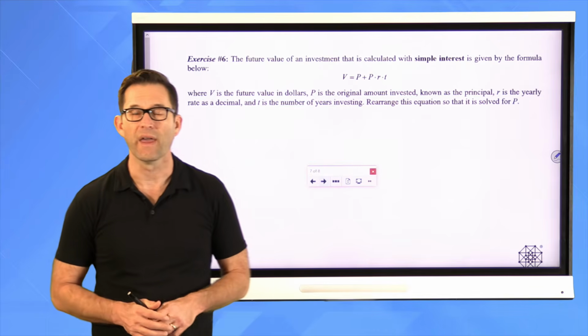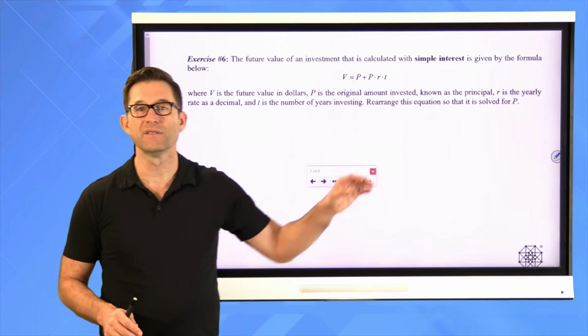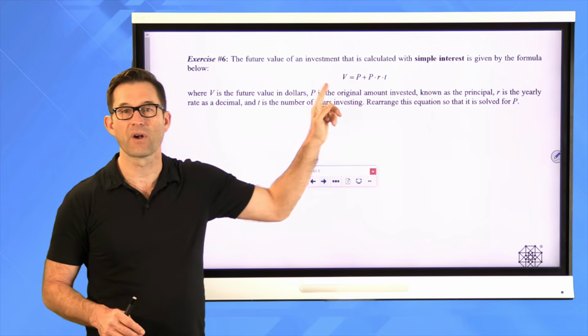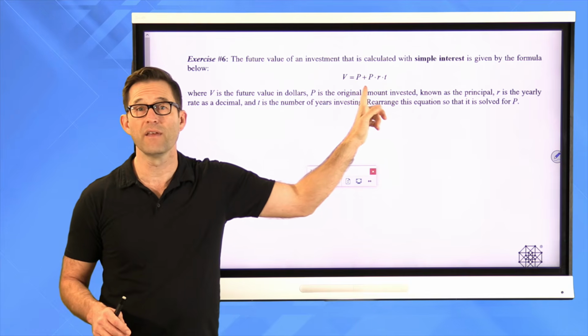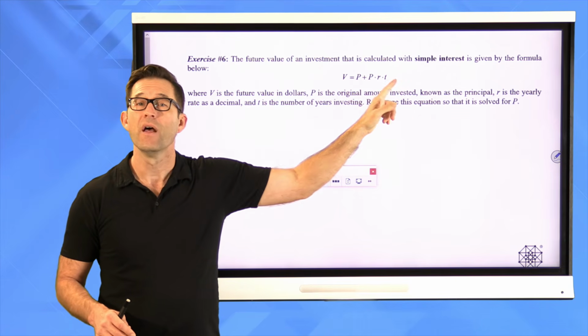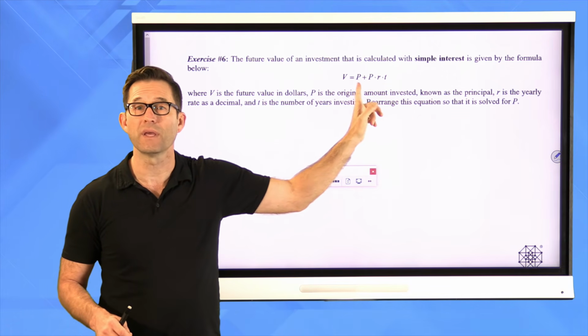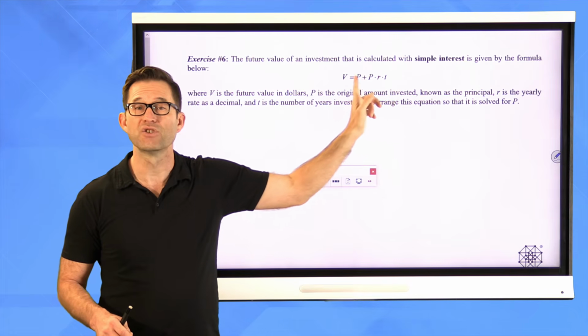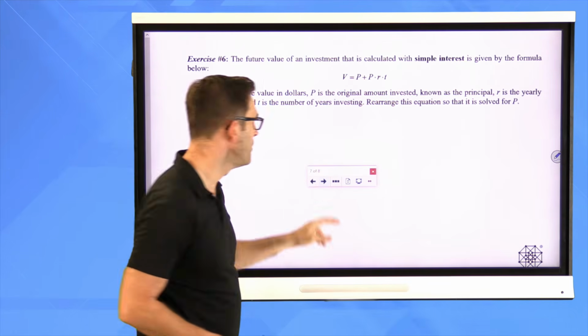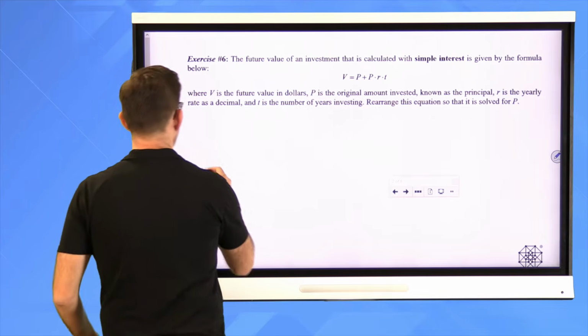Oof. Okay. Now you might think, well, that's going to be easy. I'll just take this stuff and subtract it from both sides, and that'll leave me with this P all by itself. The thing that's tricky here is that I've got a P that shows up twice. I'm going to write this down a little bit larger so that we can talk about it more.